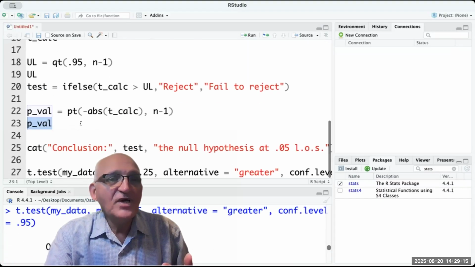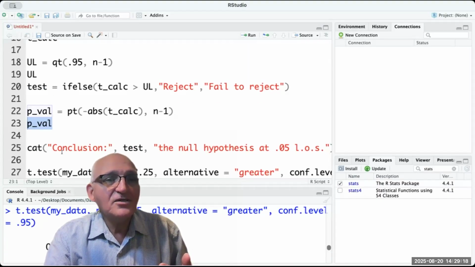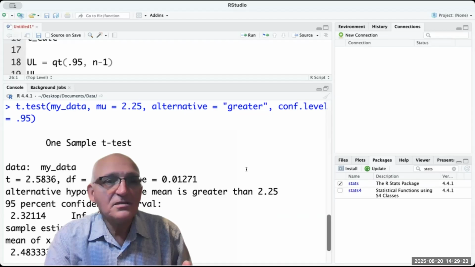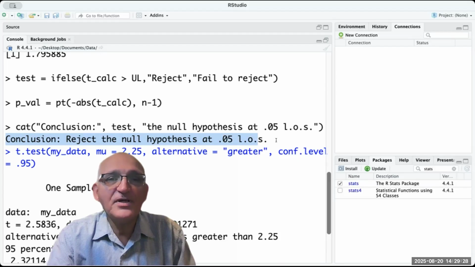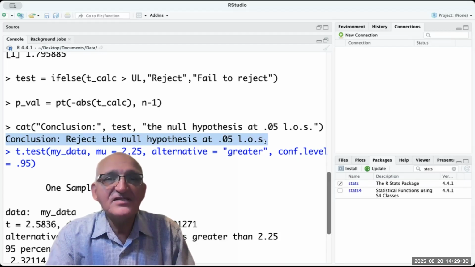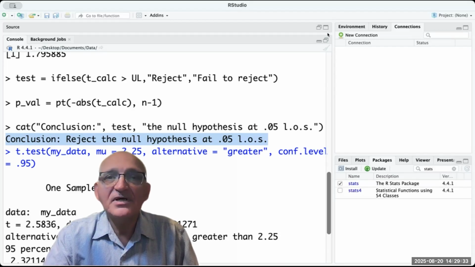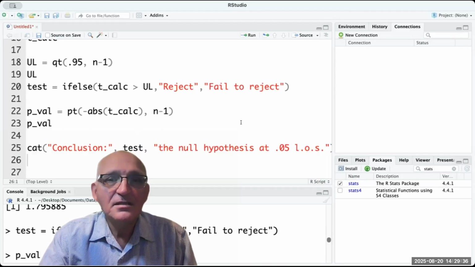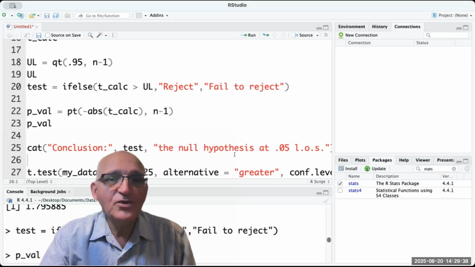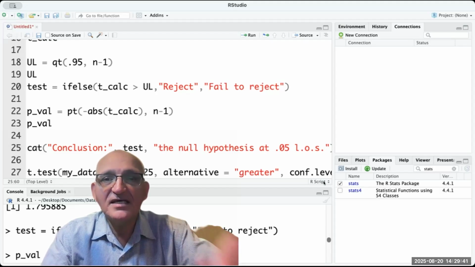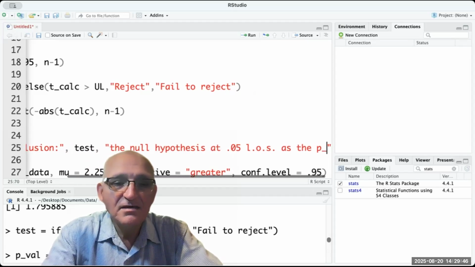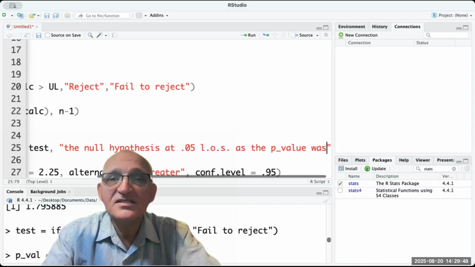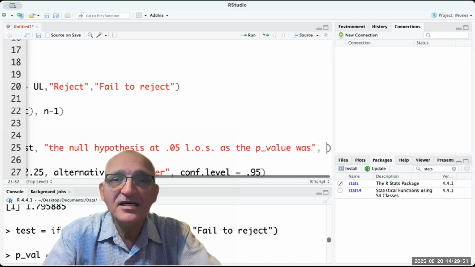Remember here, we ended up having the conclusion. I had this line, conclusion, reject the null hypothesis at that. And right after that, to make it clearer, when we concatenate, we can say the p-value was, and then I concatenate.